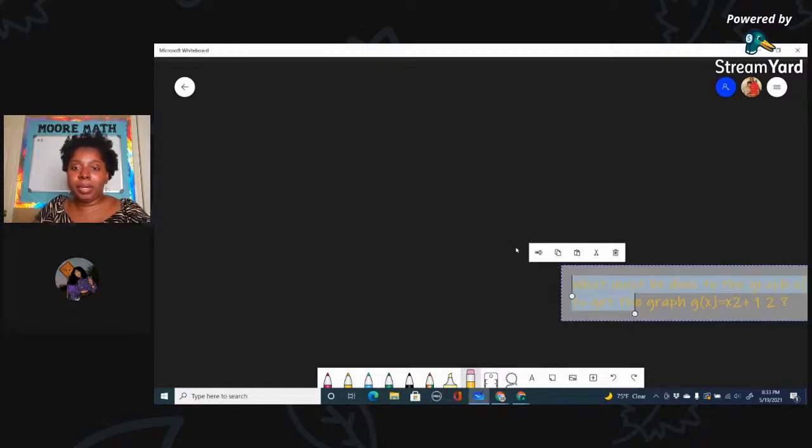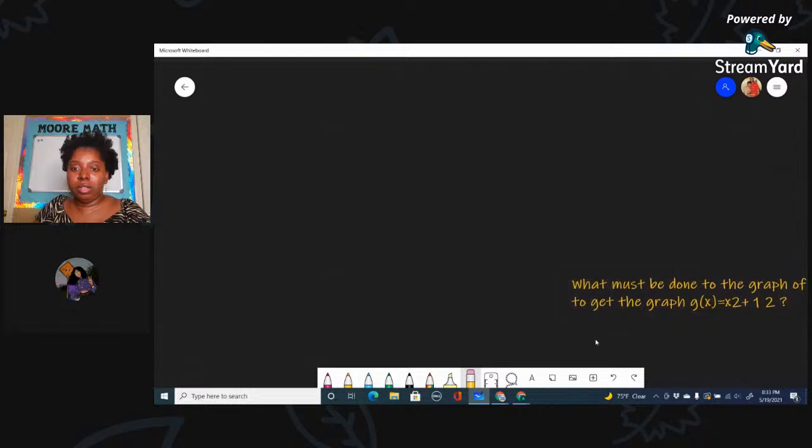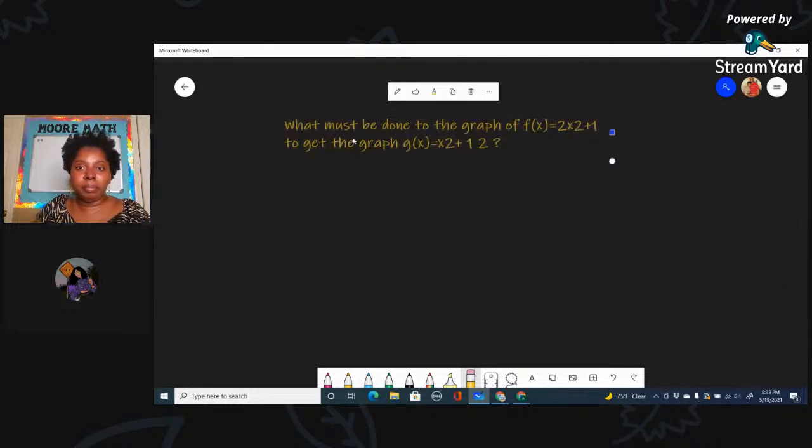Okay. What must be done to the graph? Okay. So I'm going to copy it here, but I'm also going to write it. I'm going to assume those are like x squared.